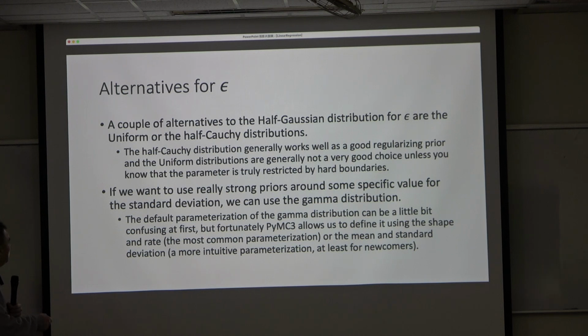If we want to use very strong priors, we could use the gamma distribution. It depends on your knowledge of a specific problem.